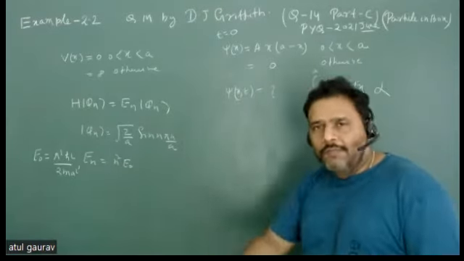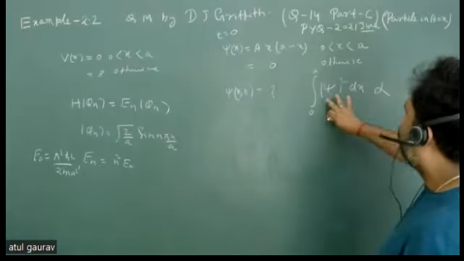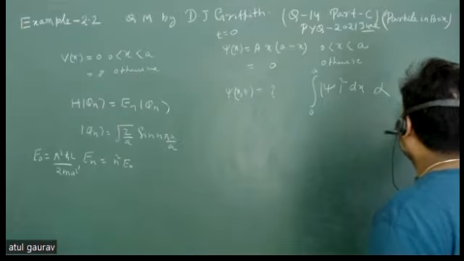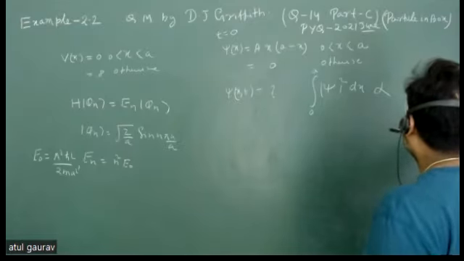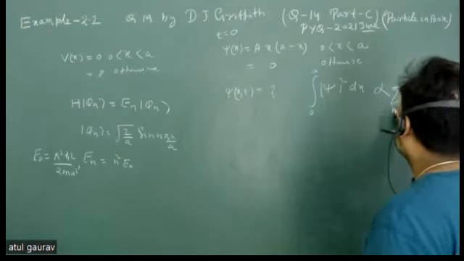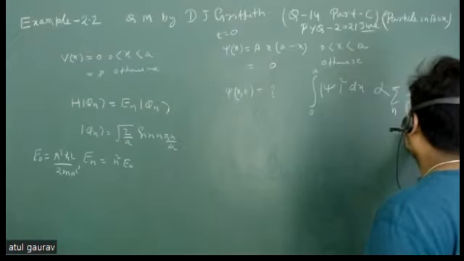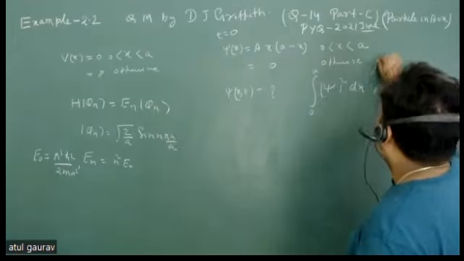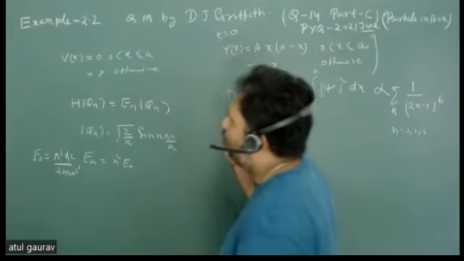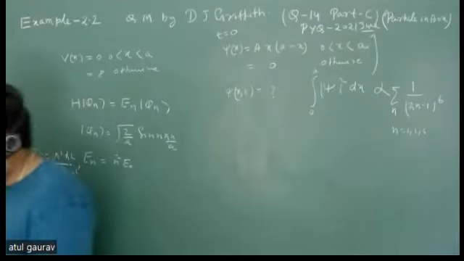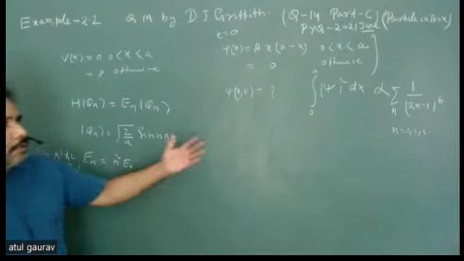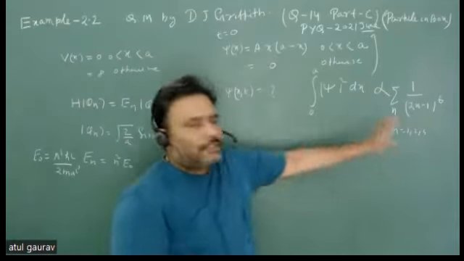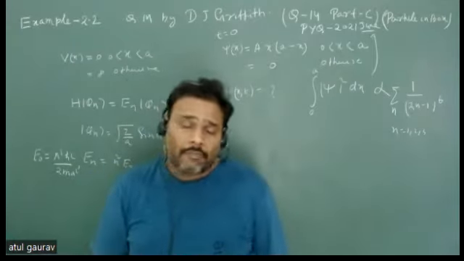I am reframing the question: we have to prove that it is proportional to the summation over n of 1 upon (2n minus 1) to the power 6, where n equals 1, 2, 3 and so on. This is in the PYQ and also in Griffiths 2.2, so we will solve it completely, since the concept is exactly the same.